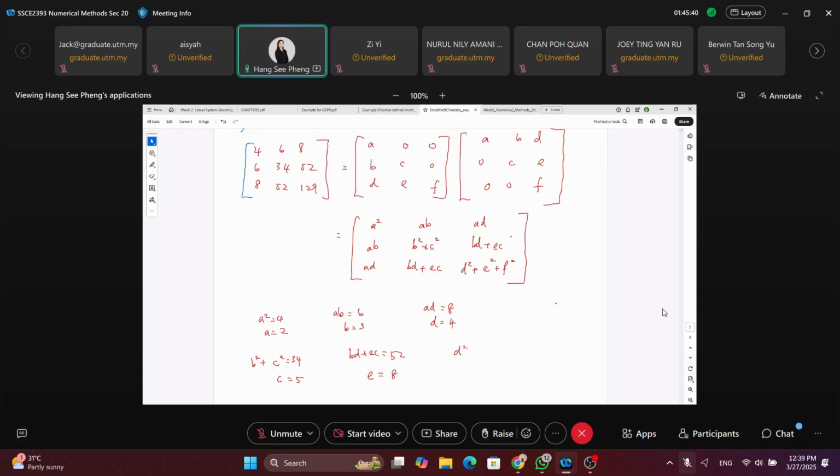And D square plus E square plus F square equals to 129. So 4 square plus 8 square plus F square equal to 129. Solve for the F. 7. So you get 49 here, 5 here. You just solve for the F.